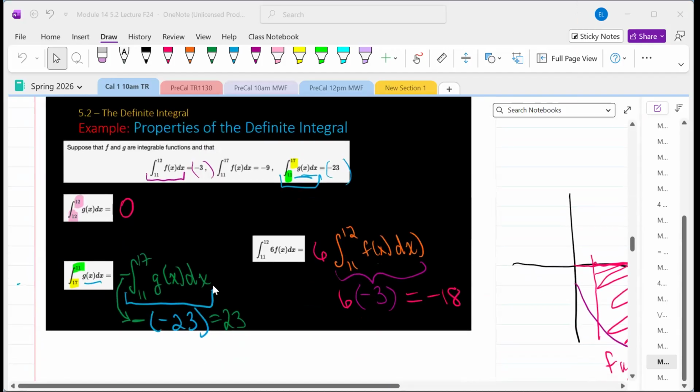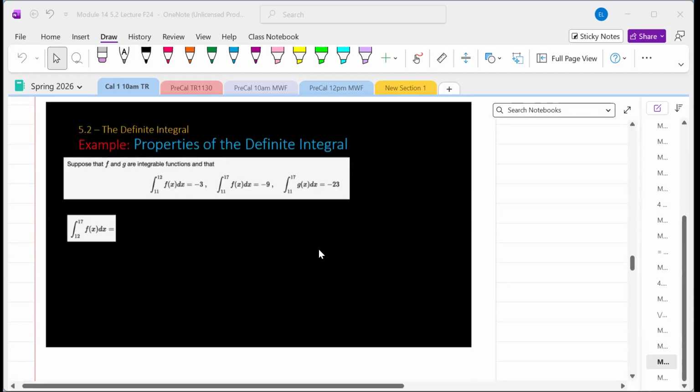We saw a few basic examples where if the bounds are the same, we just get a 0. If the bounds are flipped, we can flip them and change it to negative. If there's a constant in front, we can pull the constant out and then finish evaluating.